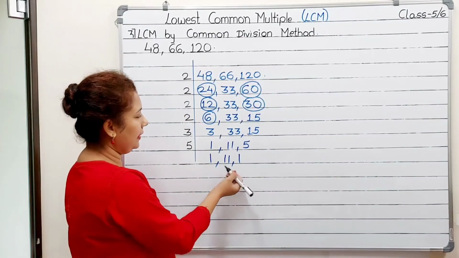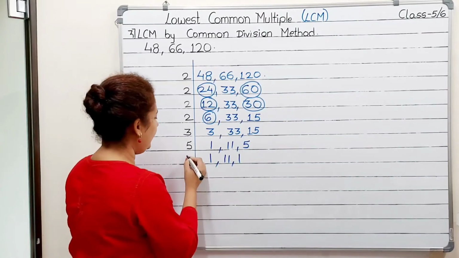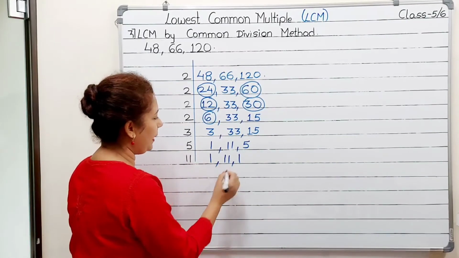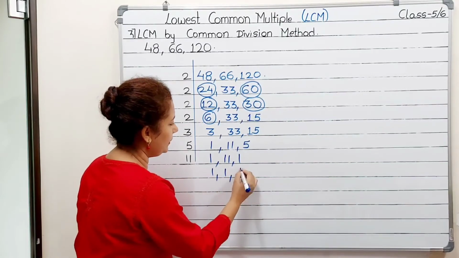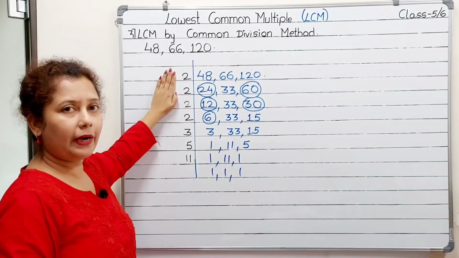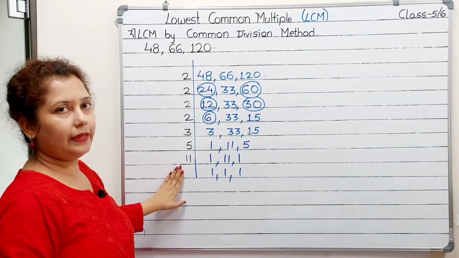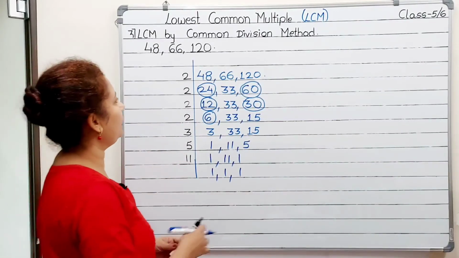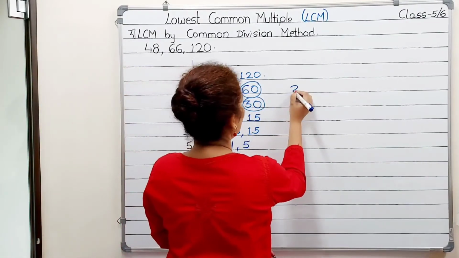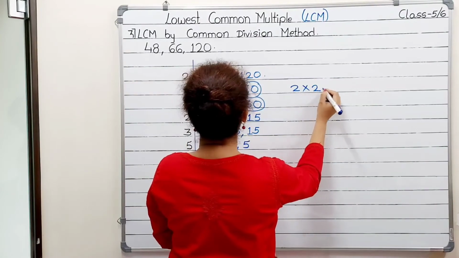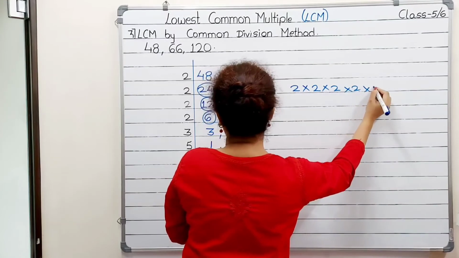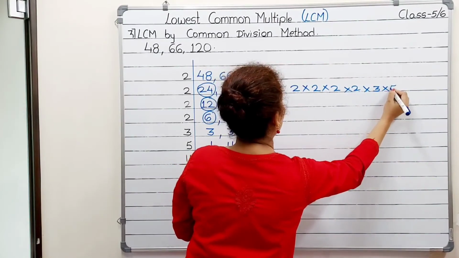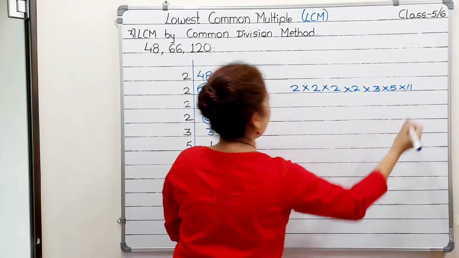Now here 11 is left. So again we can divide 11 by 11. So we will get 1 here and 1 here. We will multiply all the prime numbers over here. So here the prime numbers are 2 multiplied by 2 multiplied by 2 multiplied by 2 multiplied by 3 multiplied by 5 multiplied by 11.